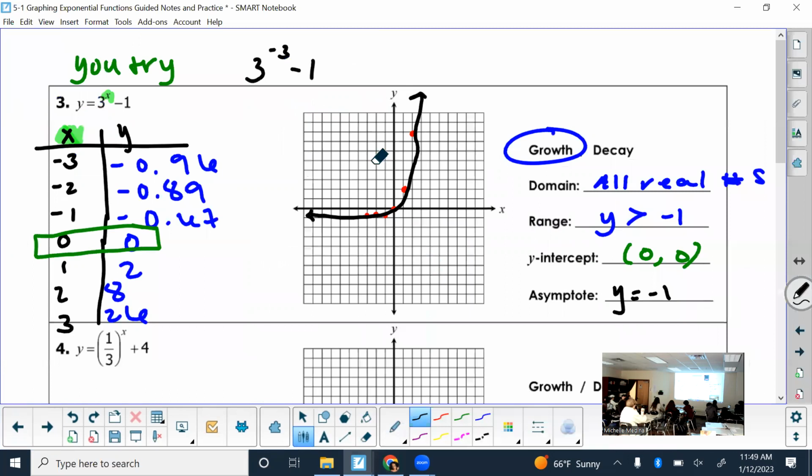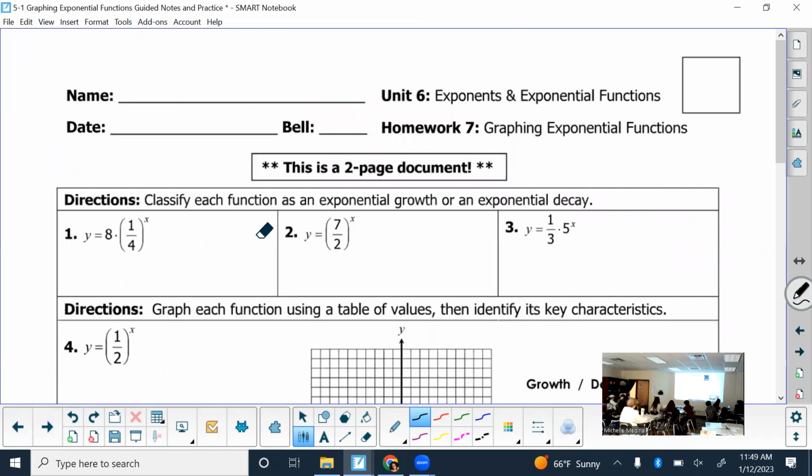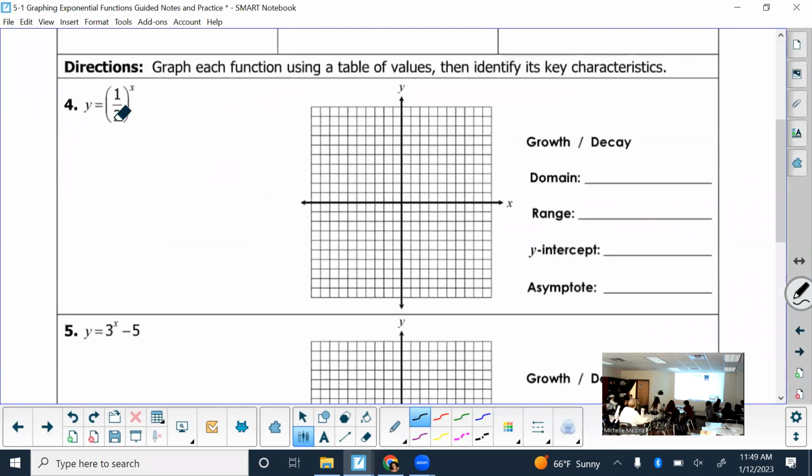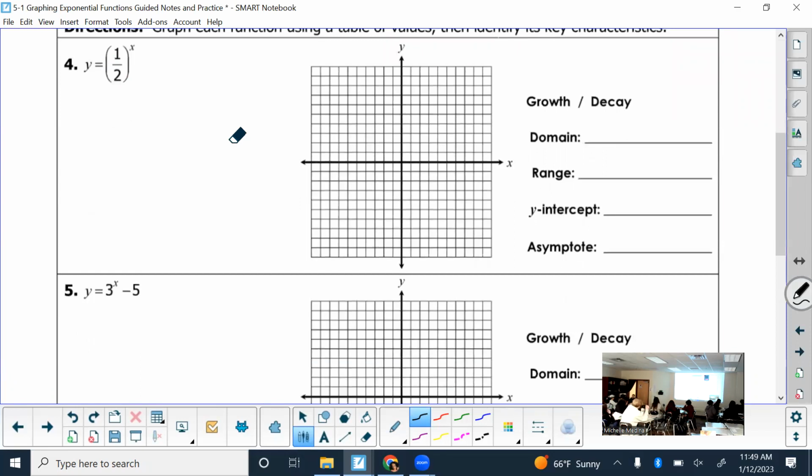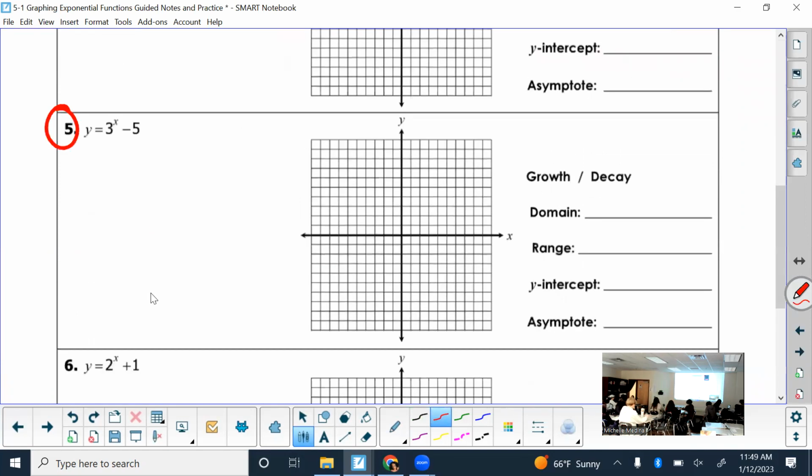We'll stop there for today, so don't lose your notes. You do have a practice though. Do all the ones where the one with the exponent is a number bigger than 1. For example, on your practice, you would do number 5 right now.